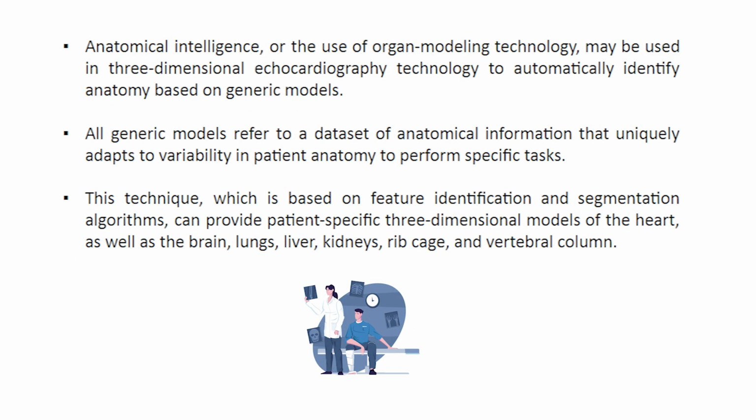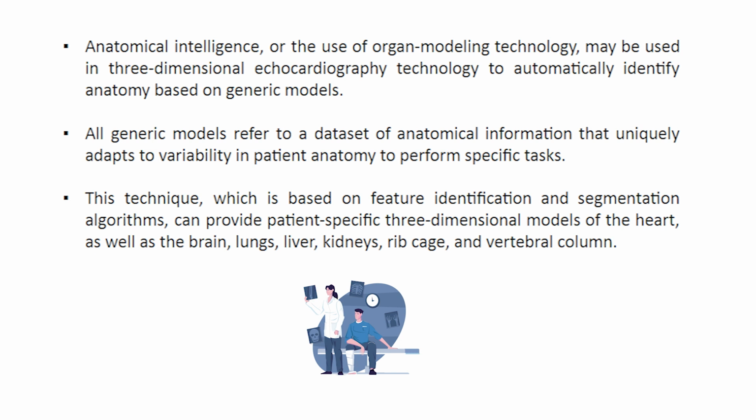Anatomical intelligence or the use of organ modeling technology may be used in three-dimensional echocardiography to automatically identify anatomy based on generic models. Generic models refer to a data set of anatomical information that uniquely adapts to variability in patient anatomy to perform a specific task.